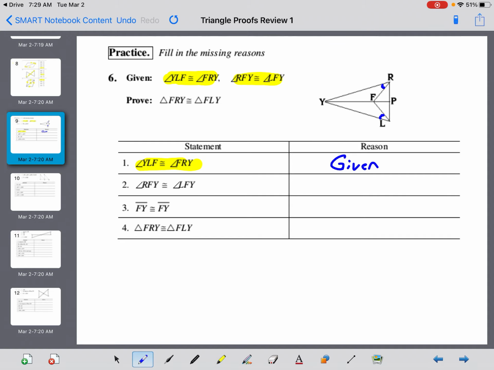Well, RFY is right here, and LFY is right there. So again, that's going to be a given statement. Then we know that these two triangles share the line FY, which means I'm going to put an X on it for reflexive. Okay, so your reflexive property. So now that you look, we have angle, angle, side. So these triangles must be congruent by angle, angle, side.